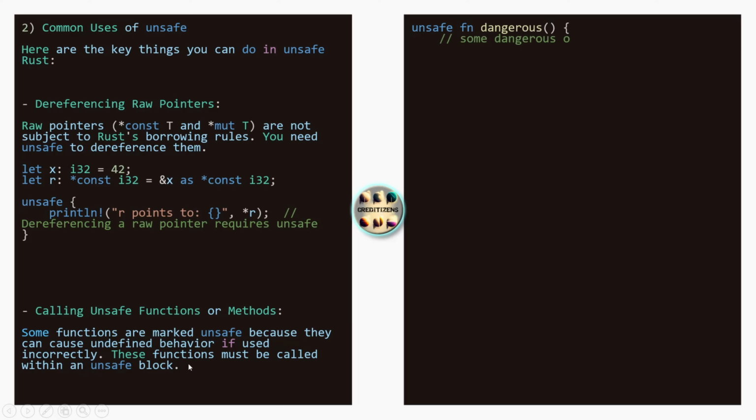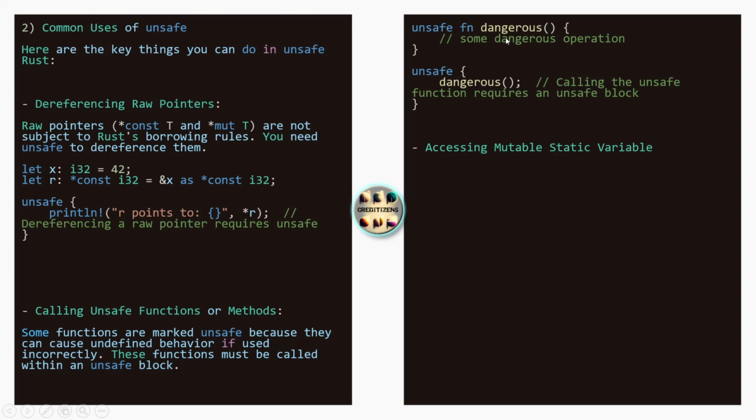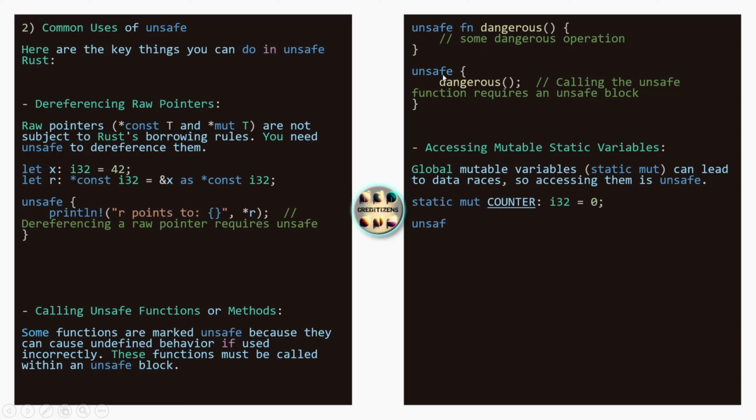So let's see what are those functions that we might use. Let's say here this is a function, it's a dangerous function, some dangerous operations. And here we mark this function as unsafe first when we declare it. And after we're going to use this function in the unsafe scope. So calling the unsafe function requires an unsafe block.